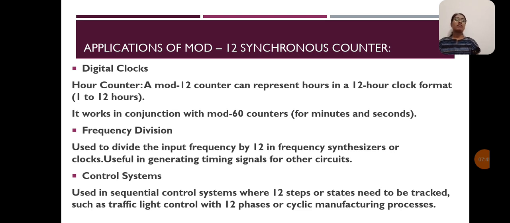Second is frequency division, used to divide the input frequency by 12 in frequency synthesizers or clocks, useful in generating timing signals for other circuits. And third one is control systems, used in sequential control systems where 12 steps or states need to be tracked, such as traffic light control with 12 phases or cyclic manufacturing processes.